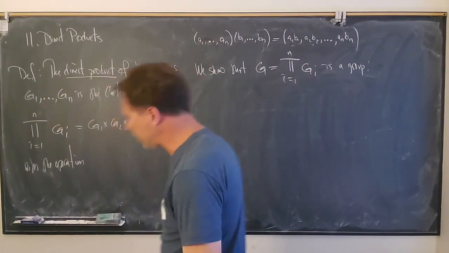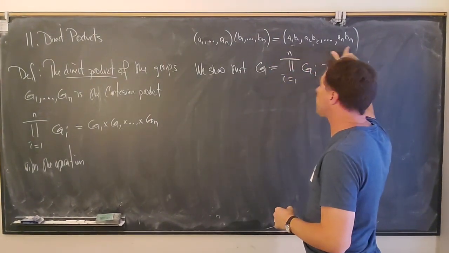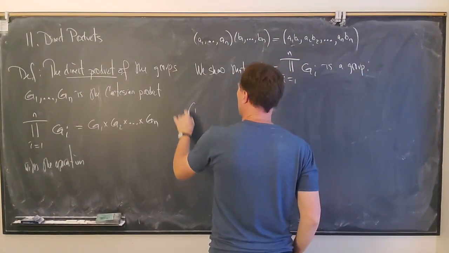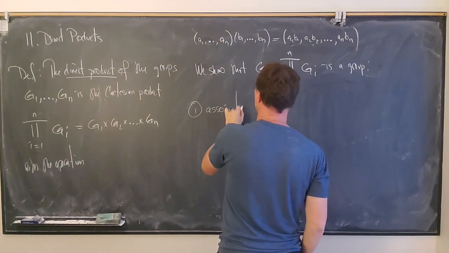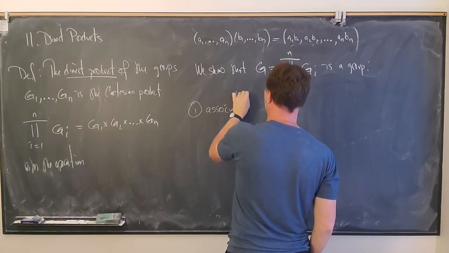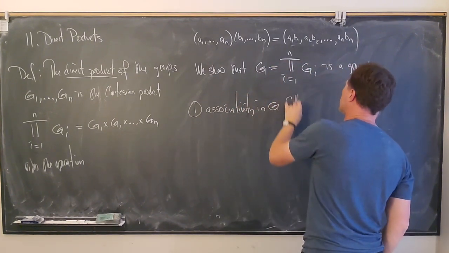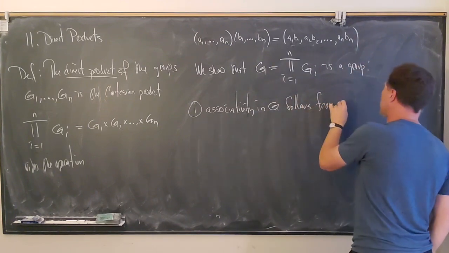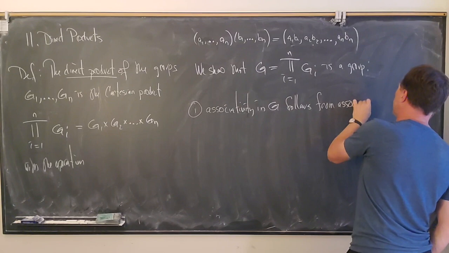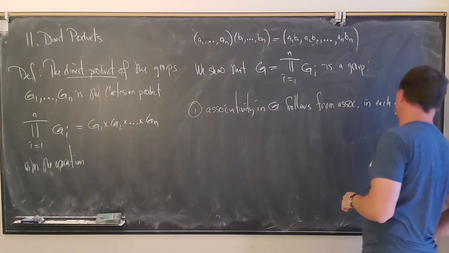And associativity is going to come straight from the associativity in each of the component groups. So associativity in G follows from associativity in each G sub i.